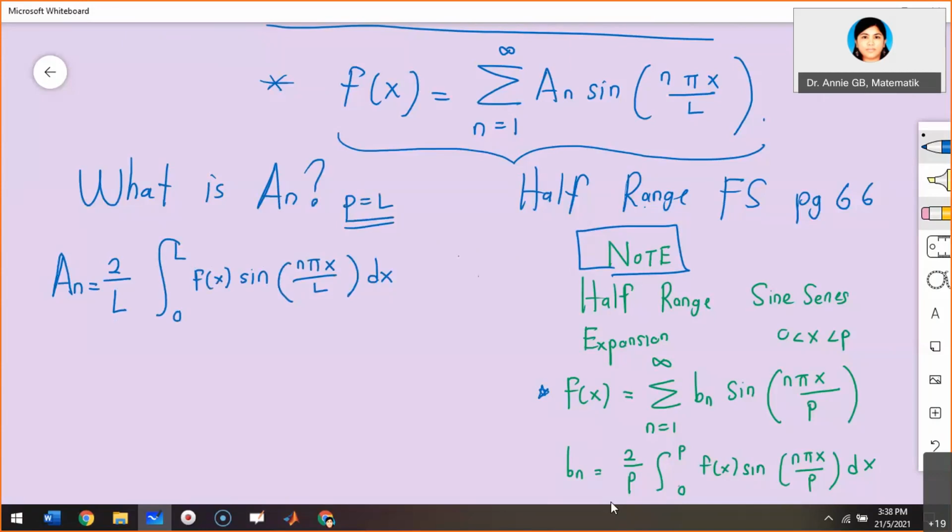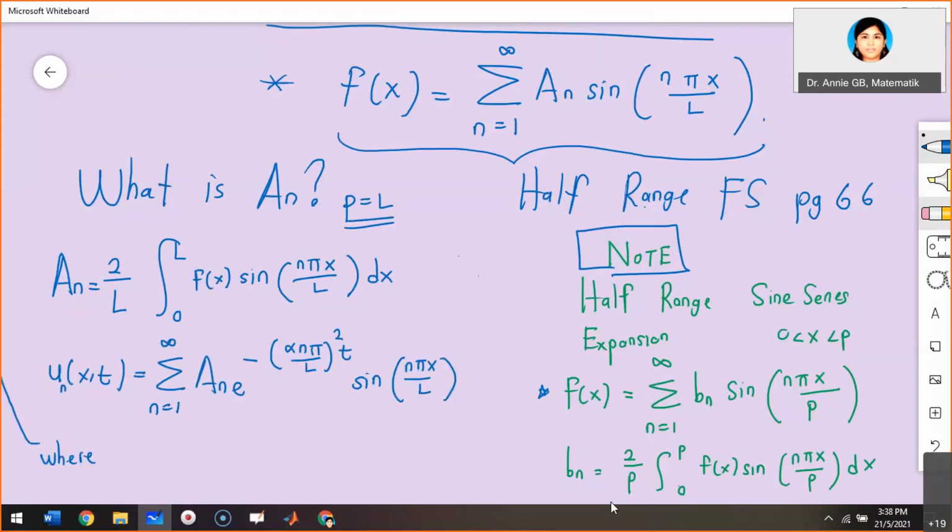So the solution for that heat equation is given by u_n(x,t) equals summation n equals 1 to infinity a_n exponent negative alpha n pi over L squared t sine n pi x over L, where a_n is this one. You must mention a_n and u_n. Okay? So this is the solution for the heat equation.